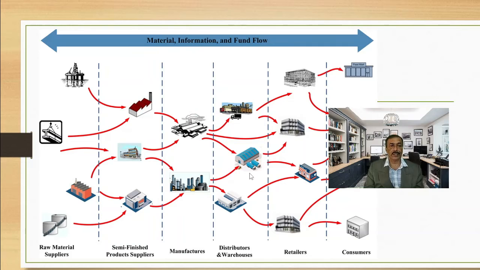You can also see that when it comes to the market, the product may not go directly to the end consumer. There may be lots of layers of channels of distribution. There may be some intermediate distributor warehouses, then finally retailers, and the consumer on the other end. Why we need all these layers depends on the service level expected by the customer.